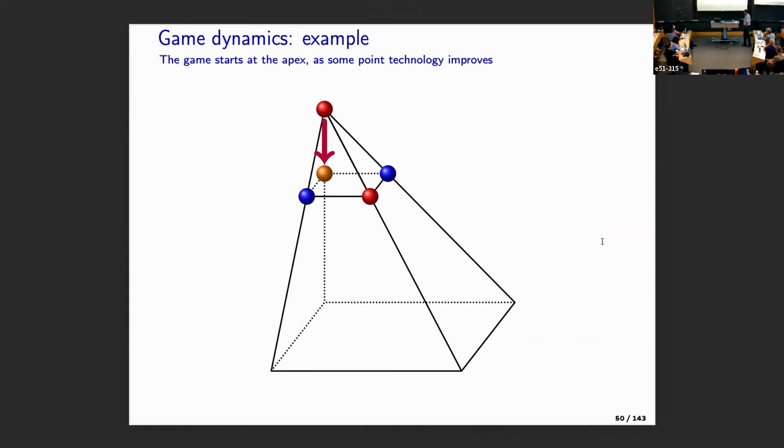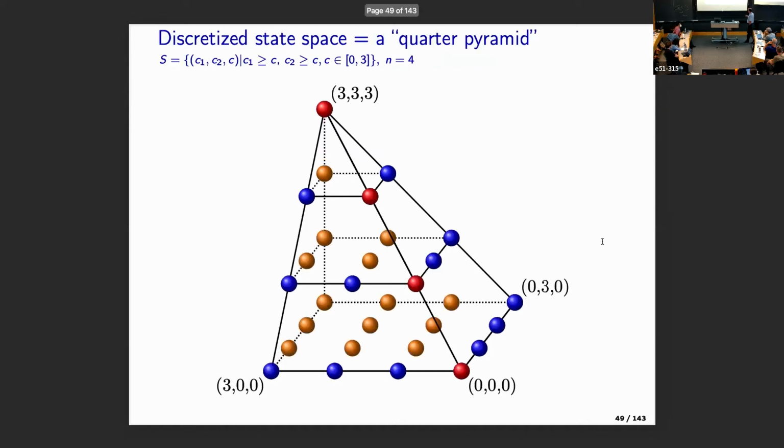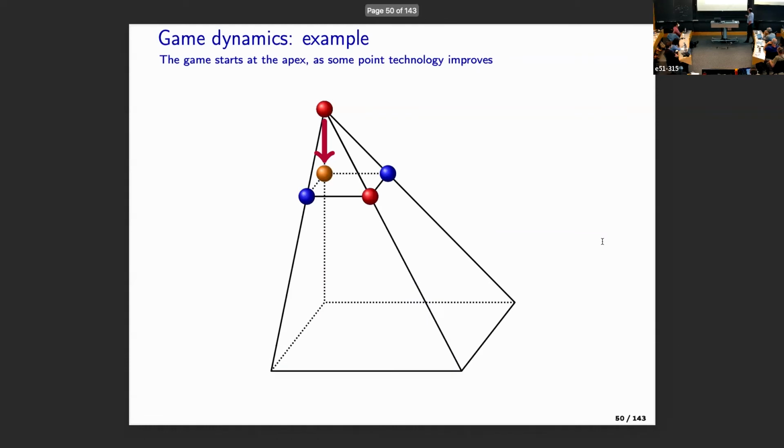We assume that everything starts from the apex, where the state of the art is C0, and the firms also have the same marginal cost of production. This dot signifies the state 333 in this example.